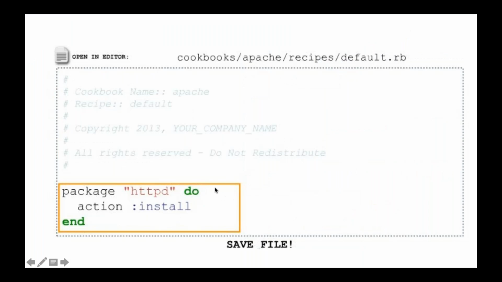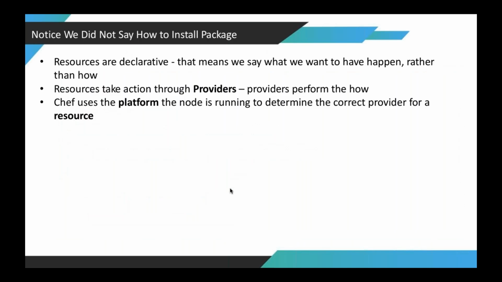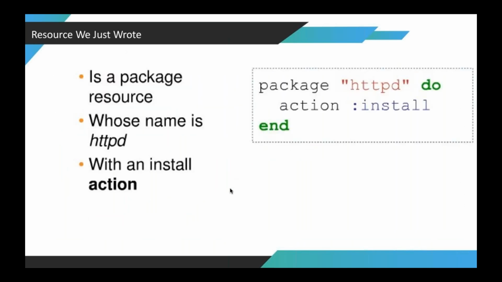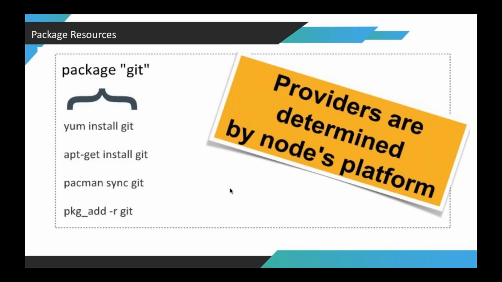And then comes your httpd. We are going to do the same with httpd as well. So we have a package httpd, and by default the action will be install for the package resource. Once we are done, it's going to configure the Apache as well.